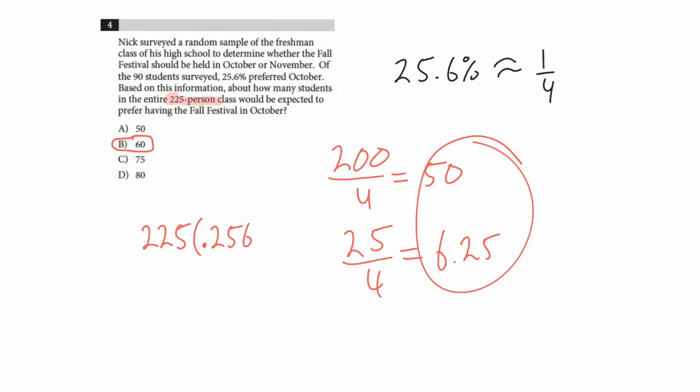I'm going to pull up my calculator here, and we're going to see that 225 times 0.256 equals 57.6. Okay, so 57.6, 56.25, we're still talking about 60.